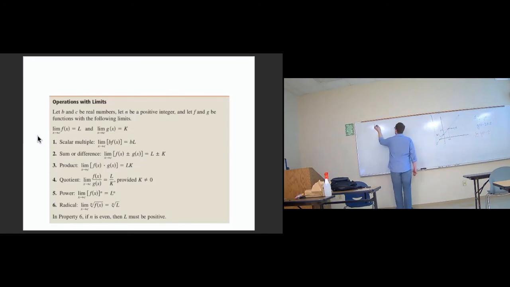The limit as x approaches c of m times f of x is equal to m times the limit as x approaches c of f of x.